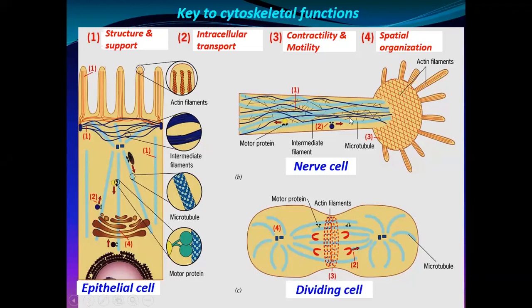In the axon, the light blue color one is what? Microtubule. The microtubule, again, what happened? You can see the vesicles are transported. The neurotransmitters are transported from the site of synthesis to the nerve end. So here the light blue color one is called microtubule. The dark blue color ones are what? Intermediate filaments. And then you come to the dividing cell.